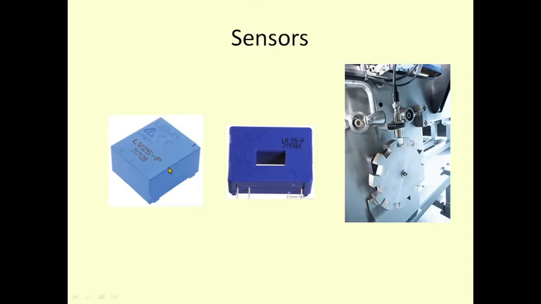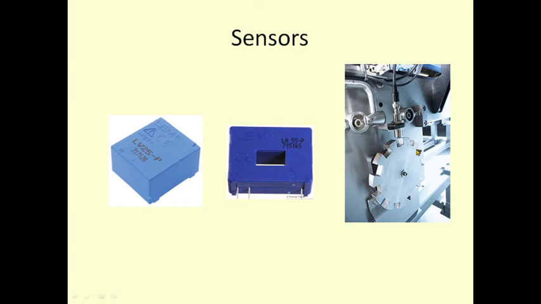Now coming to the sensors, we need voltage sensors, we need current sensors, and we need speed sensors. This is a speed sensor, which is also known as a proximity sensor. You must be knowing about the metal detector. You know metal detector, right? It is always there at the airports, and whenever there is a metal near this, you can see this is a rotor of the machine.